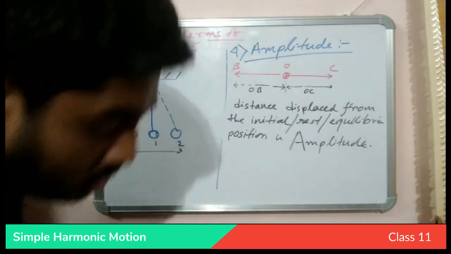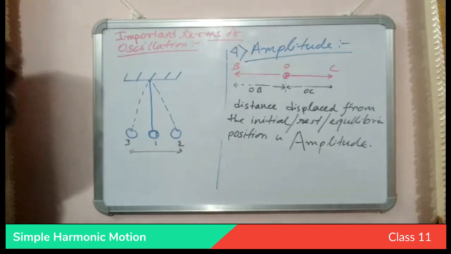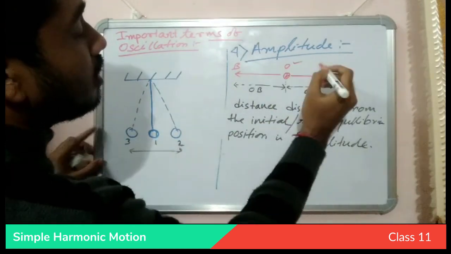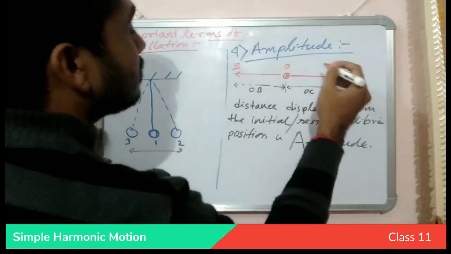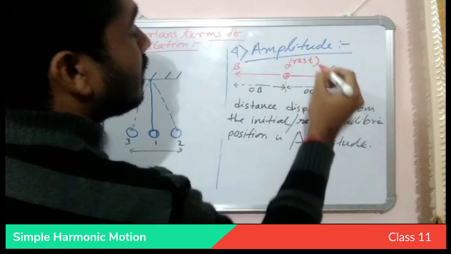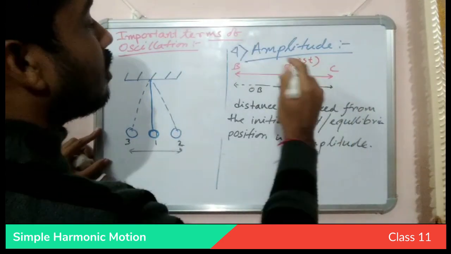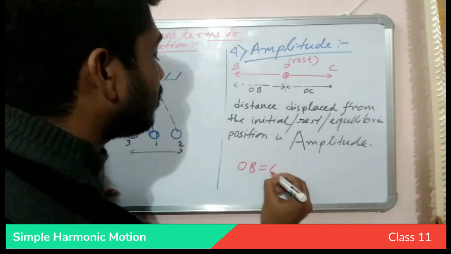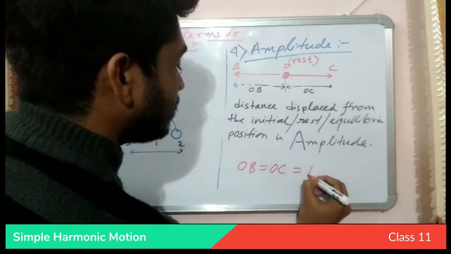Here OB, the initial or rest position was O. This is our rest position, and it displaced to C or displaced to B. So OB will be equal to OC, and this is the amplitude.